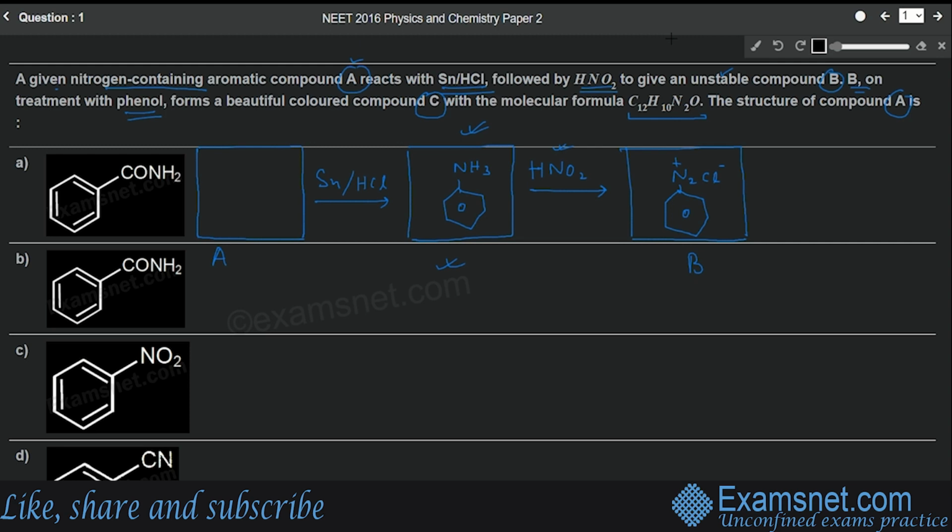Now what is the compound A? We know that aniline is formed after the reduction of a nitro compound, so it will be nitrobenzene. So we have identified that the correct answer will be option C.